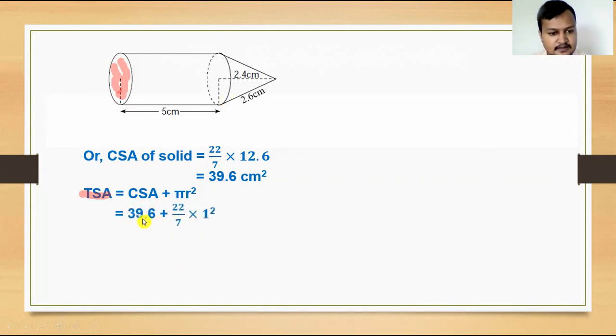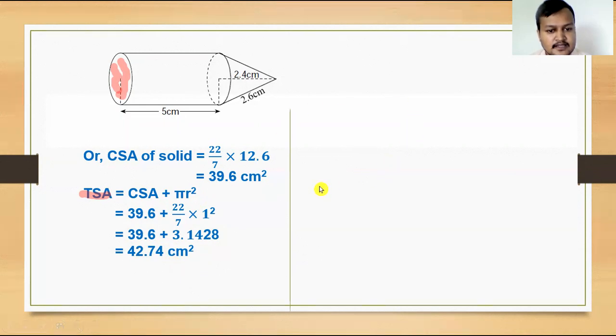That gives us 39.6 plus 22/7, which is 3.1428, into 1 square means 1 only. Add these both values: 42.7428. While writing the answer we have to write 2 digits only, so round it up.